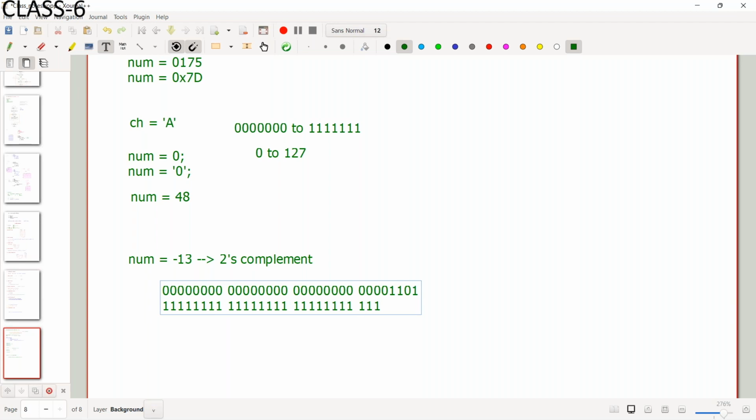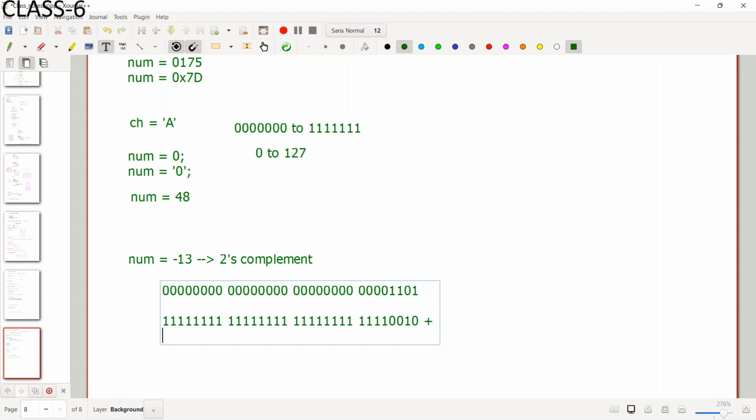So we get 1 1 1 1 0 0 1 0 at the end. Now we have to add 1 to this: the 1's complement is taken, and we add 1 to it.